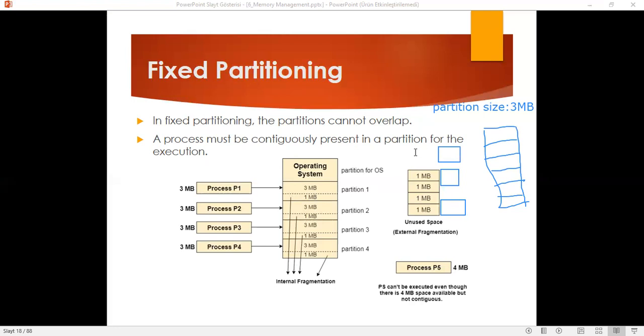Let's say this is P1, this is P2, and this is P3. As for the sizes, this one is 4 megabytes, this is 2 megabytes, and this is 1 megabyte.